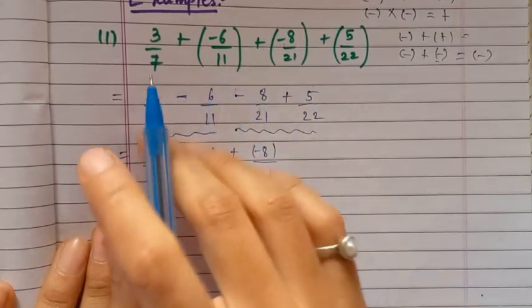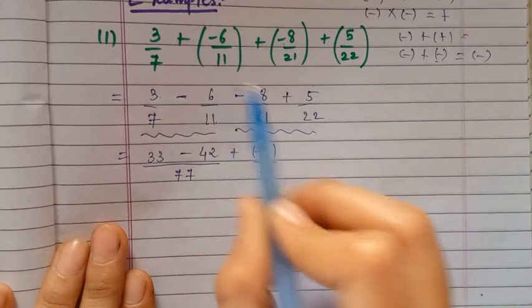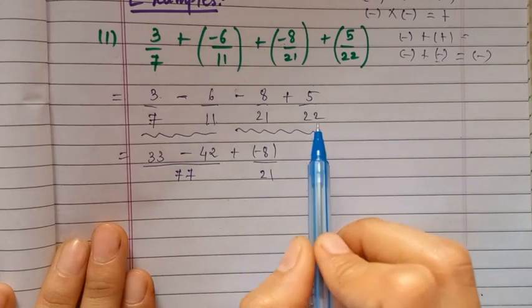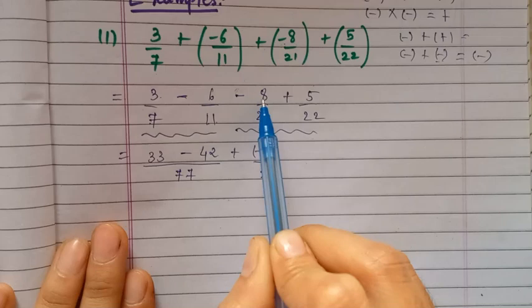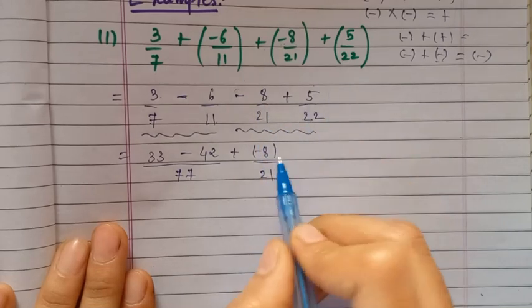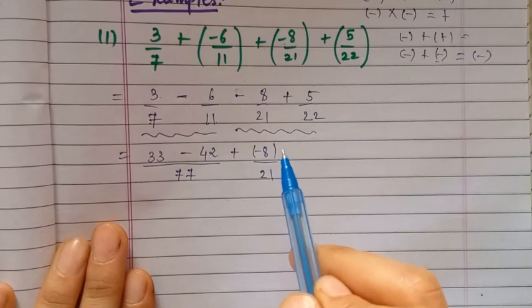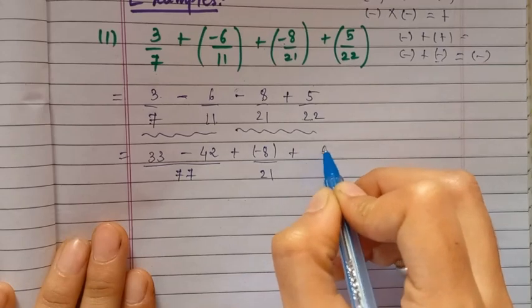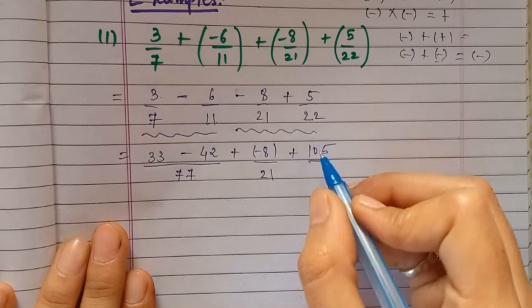These are basic things that you have to remember or understand. It is not a major step, this is a simple thing. If you multiply 8 by 22, then the numerator of this rational number will be negative.